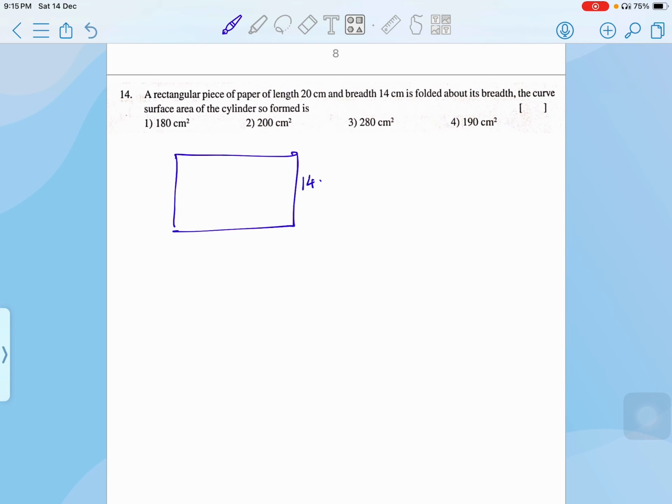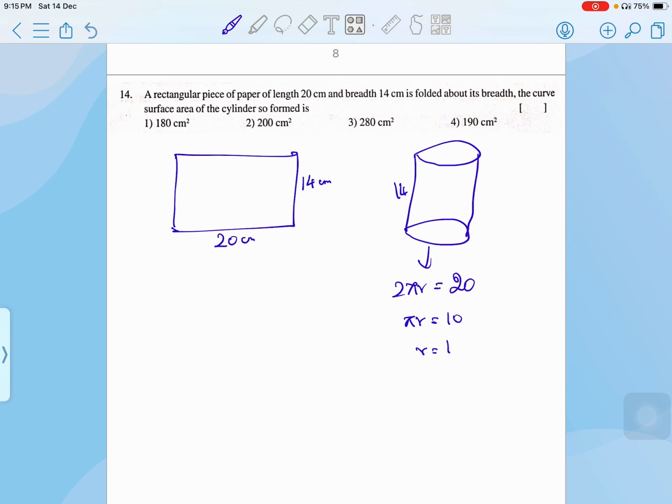Here you have a length of 20, and the same 14 will be the height, and that length alone is joined. So the circumference 2 pi r will be equal to 20, so pi r will be equal to 10, r equals 10 by pi. Understood? Height equals the same 14.